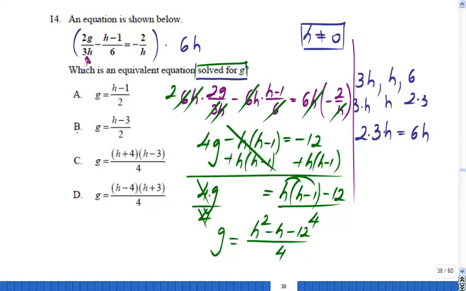At this point I'm looking back at my answers and I can say, hey, A cannot be, B cannot be, but I'm looking at C and D, and you have two choices. Either FOIL these two binomials in here, or try to factor the one that you already have. I know denominator 4 will stay, but the top, if that's factorable, I will have two binomials.